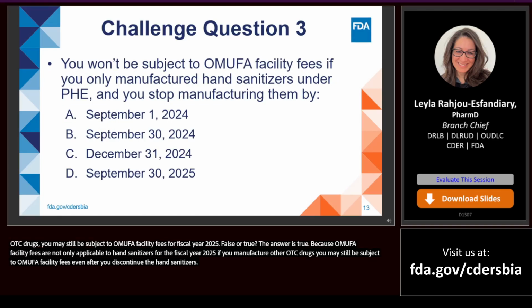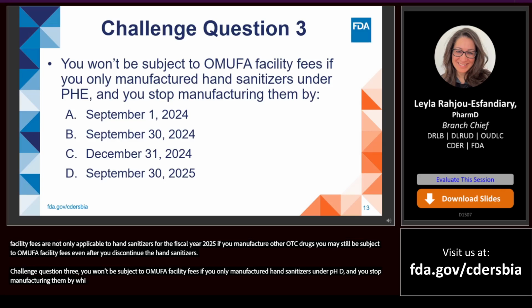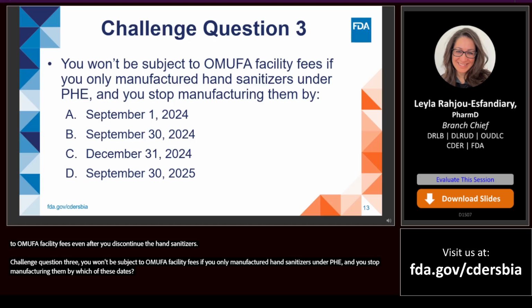Challenge question 3. You won't be subject to OMUFA facility fees if you only manufactured hand sanitizers under PHE and you stop manufacturing them by, which of these dates are correct? A, September 1, 2024, B, September 30th, 2024, C, December 31, 2024, or D, September 30th, 2025.